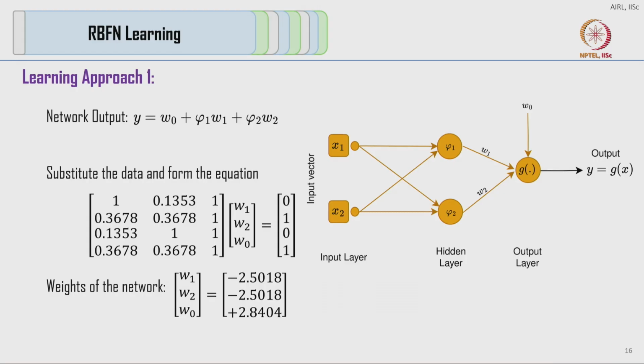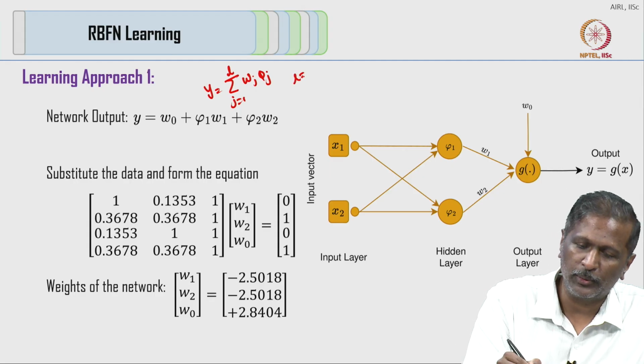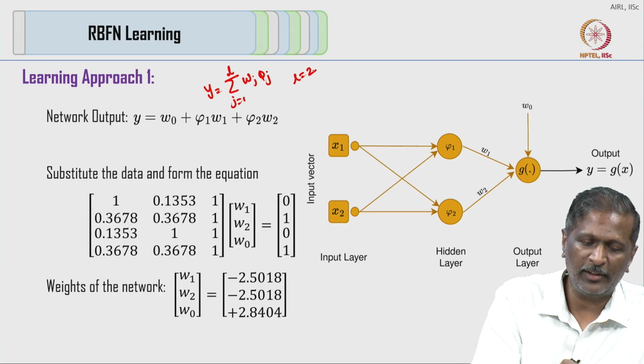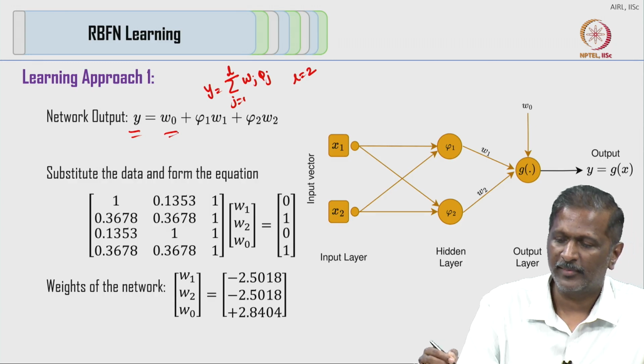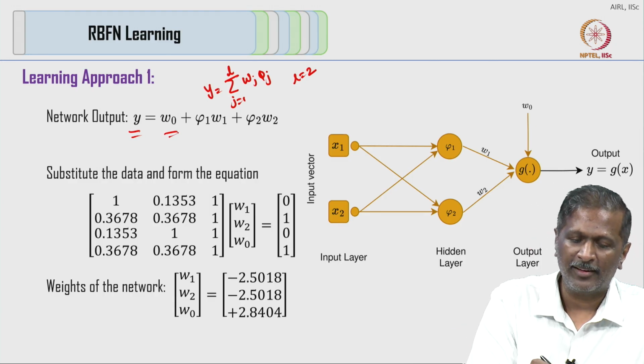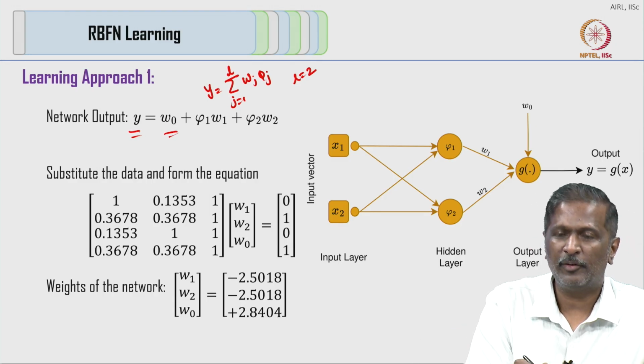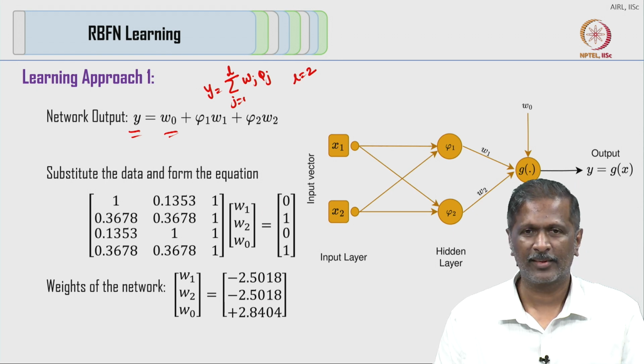What is my equation for output? If you remember, Y varies from summation j is equal to 1 to L of Wj phi j, right. Here L is equal to 2. If I am writing it, Y is equal to W naught, that is the bias value, plus phi 1 W1 plus phi 2 W2, right.